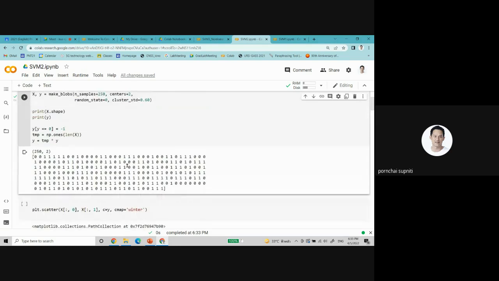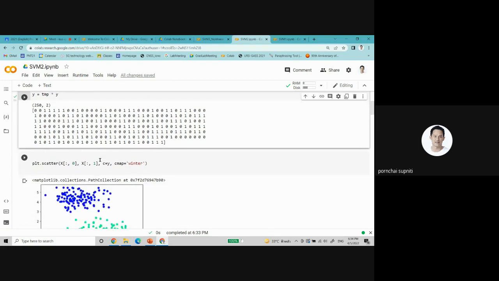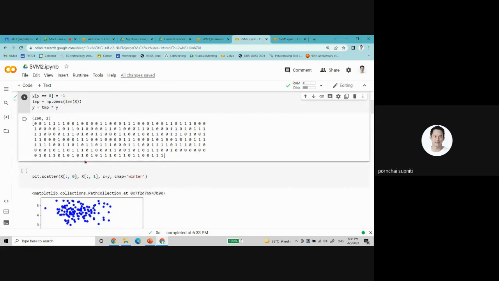So then you get this data. Okay. So we get 250 points and each one has different classes. Okay. And then I set the class 0 to be -1 in order to plot and look at it.